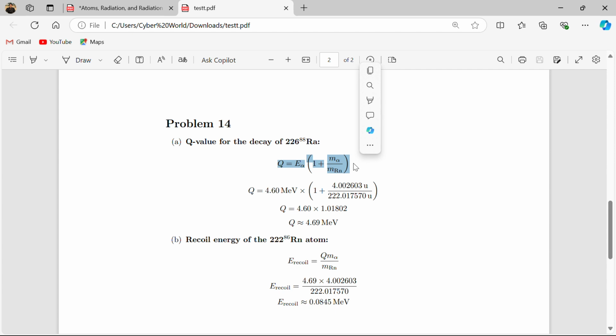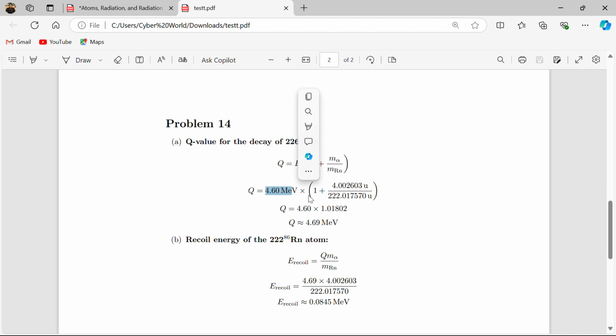Let's start with how to find the Q value. Again the formula is the same: E alpha times (1 plus M alpha divided by the mass of the product). Because now it decays into radon, the product is radon, so we have to use the mass of radon in the denominator. The E alpha value is already given, that is 4.60 mega electron volts.